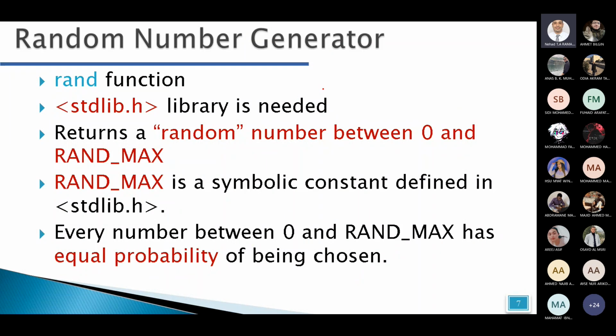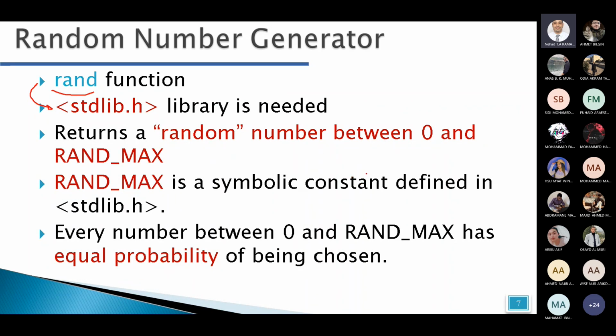Random number generator. In the C language, there is a function called rand. This function exists in the library stdlib, the standard library. You know, in programming, in many cases we need to generate a random value.